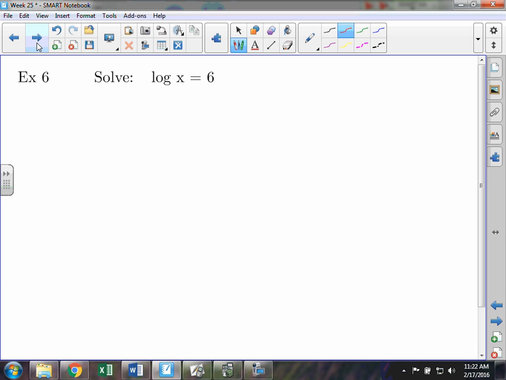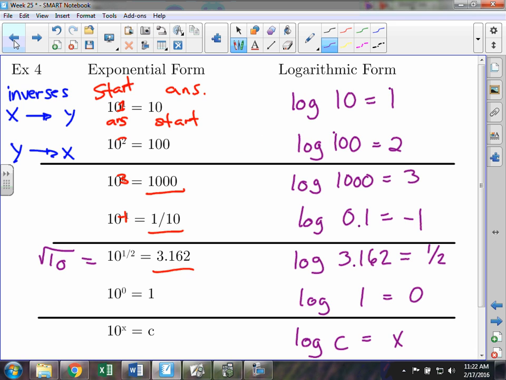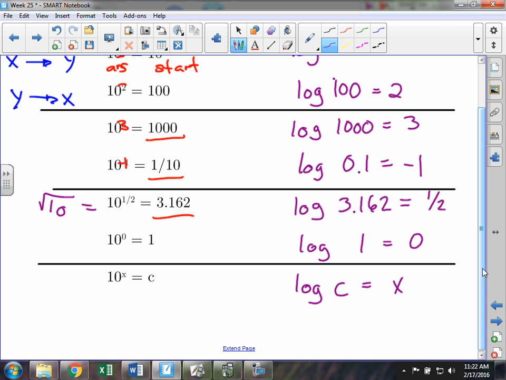Let's consider this one. Log of x equals 6. Let's rewrite this then. Thinking back towards the notation that we had, log of x equals 6. What does it need to look like?